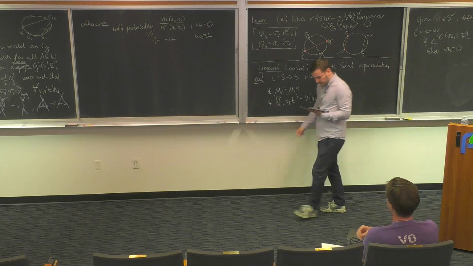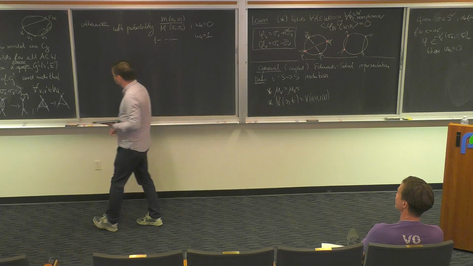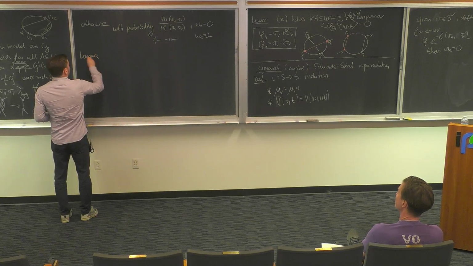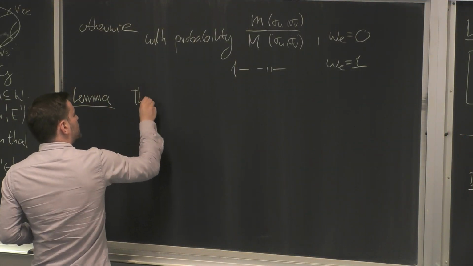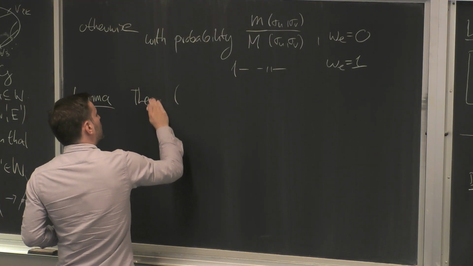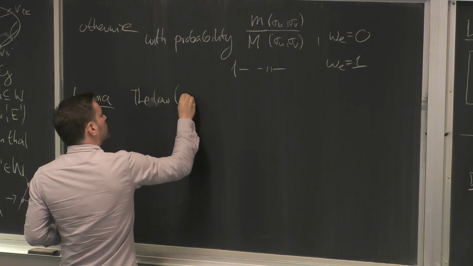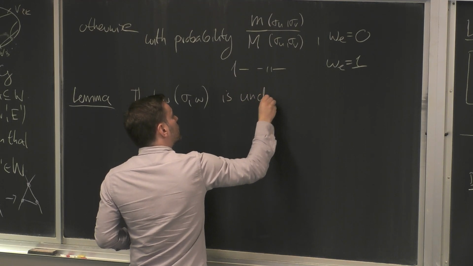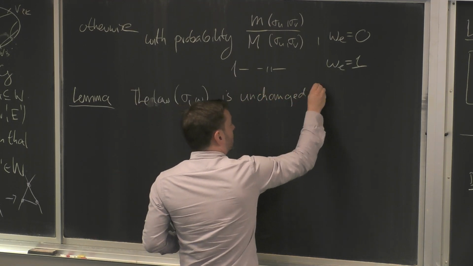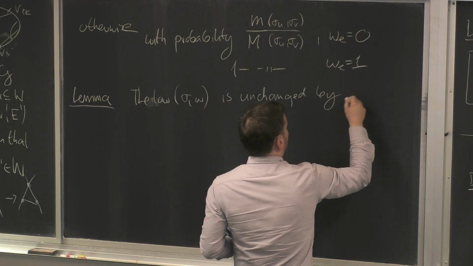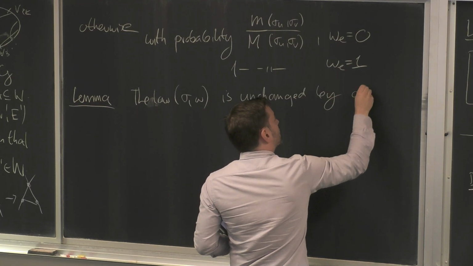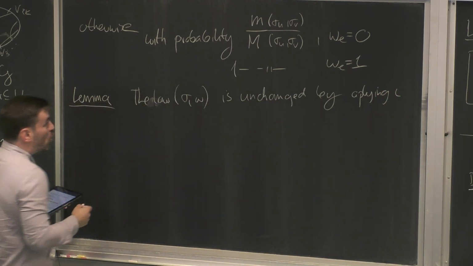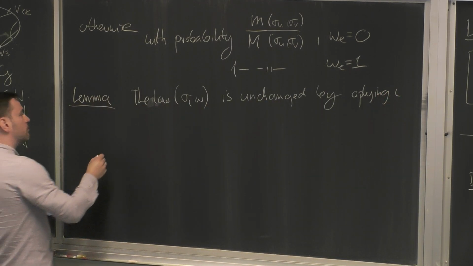So now I have a sigma and I have omega. What is the main lemma? The main lemma is that the law of the joint of the couple, the law of sigma and omega, is unchanged by flipping, or applying iota, to spins in the open clusters of omega.